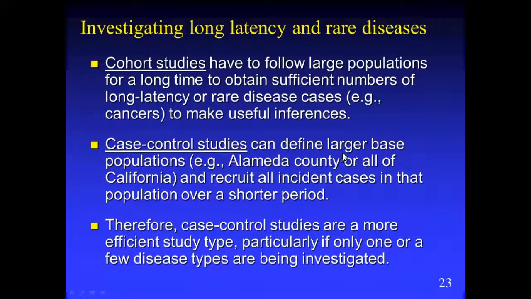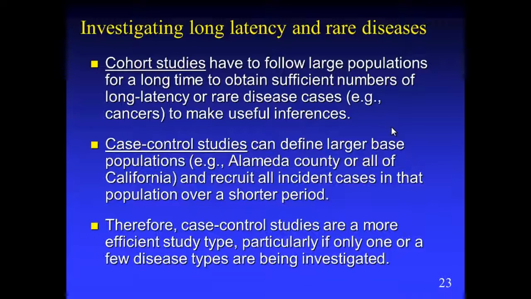So the reason why case control studies are very useful in this situation is that cohort studies generally have to follow pretty big populations, and they have to be big populations if it's a rare disease. And so it's a big population followed over a long period of time if you're going to get a sufficient number of these cases, such as cancers, to be able to carry out some useful statistical analyses, because we really do need some reasonable numbers.